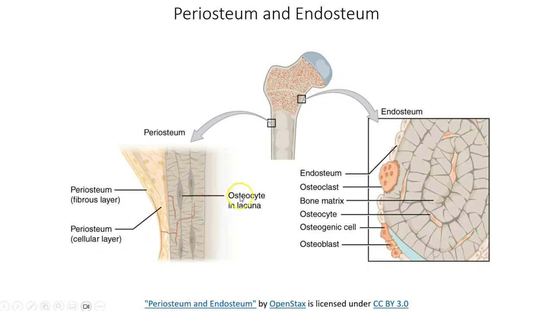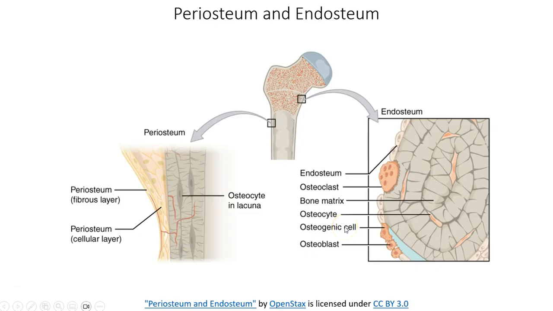We'll talk a little bit more about osteocytes and lacuna in another video later on, but that is what is forming that compact bone. And then the endosteum, again, is the internal part of these long bones, a bunch of cells surrounding that medullary cavity, where we have all of these different types of bone cells: osteoclasts, osteocytes, and osteoblasts, as well as our osteogenic cells.